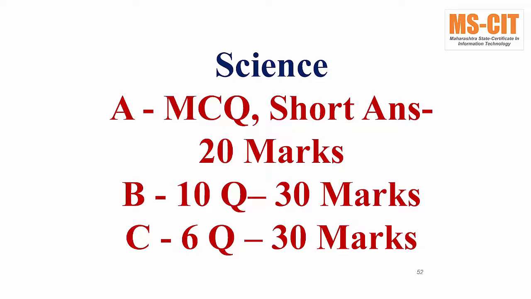Section A, 20 marks. Objective or short answer questions are there. MCQs are also there. Section B and C both are for 30 marks. But section B will cover 3 marks questions and section C will cover 5 marks questions. So in short, in your papers only 1, 3 and 5 marks questions will be asked in science.